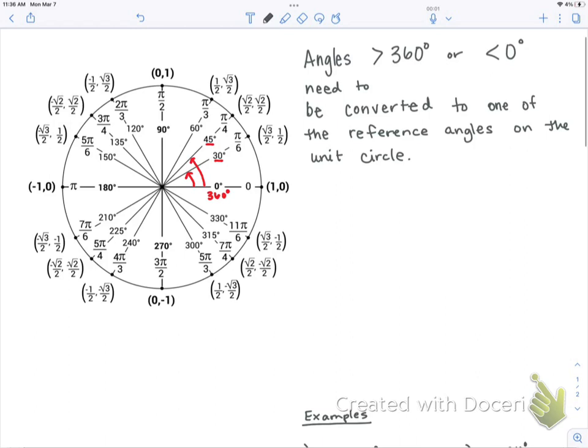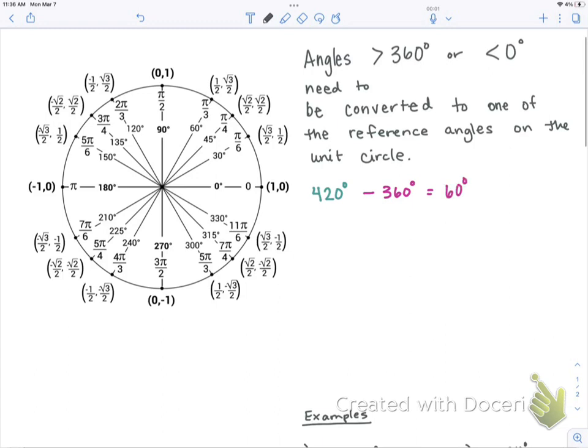So what we're going to be looking at is what happens when we have angles that are greater than 360 degrees or less than 0 degrees. So those need to be converted to one of the reference angles that's on the unit circle. So for example, if I ask for the reference angle to 420 degrees, to get an angle on the ordered pair, we would do 420 minus a full circle, 360 degrees, and that'll give us 60 degrees.